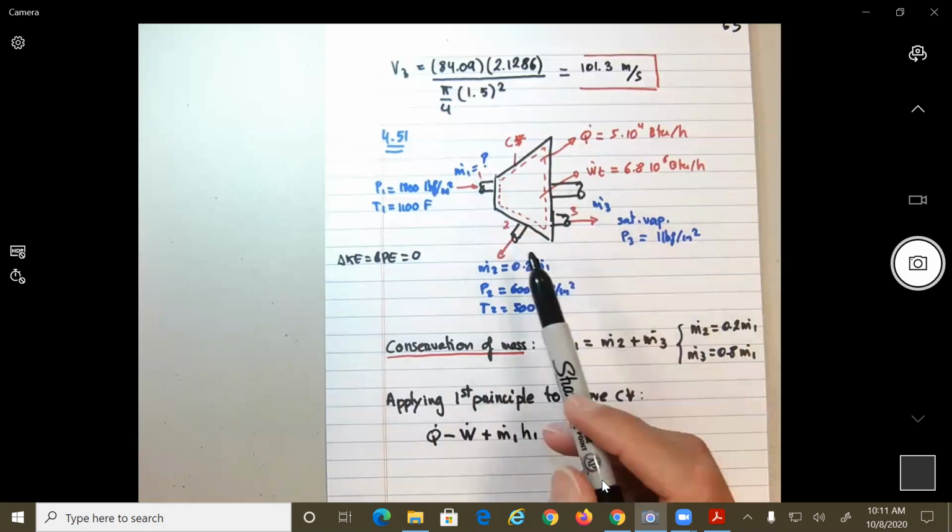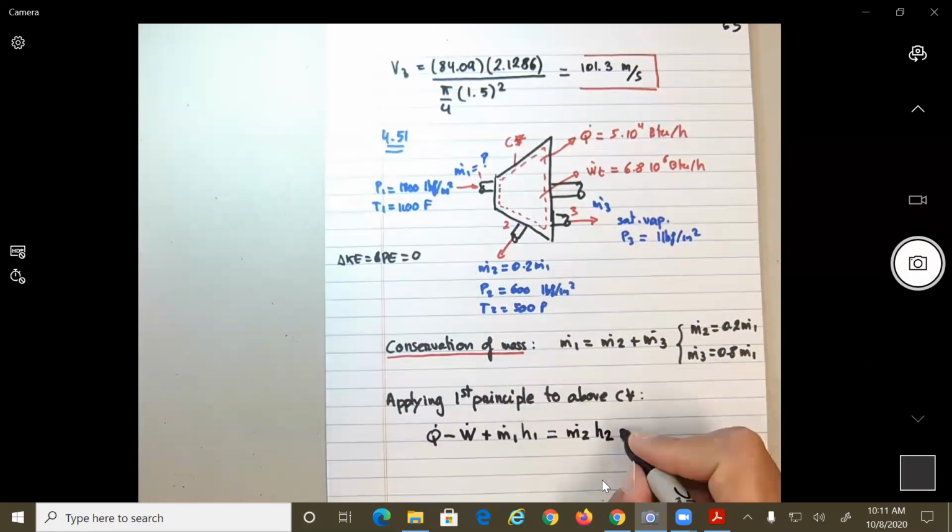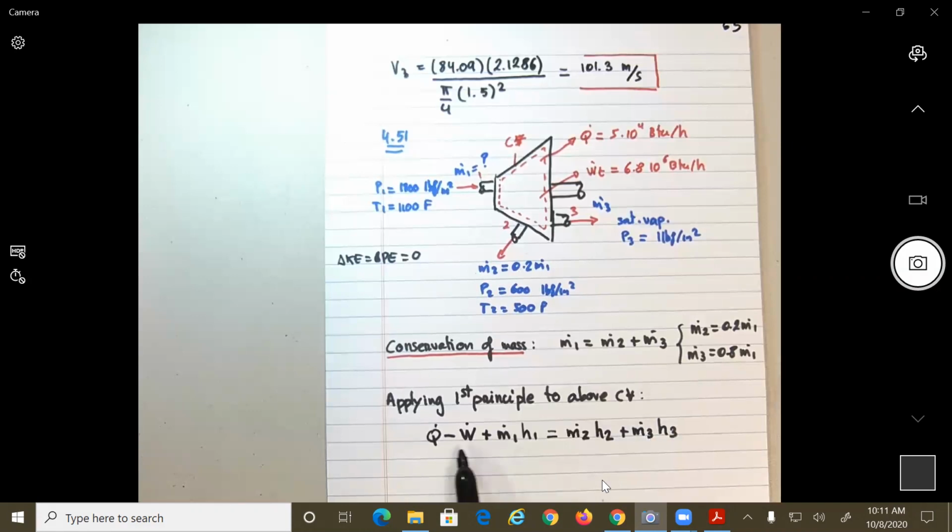We have M dot 2 H2 plus M dot 3 H3. Okay, what is coming in, I put it on this side, what is coming out, I put it on this side. And this one, you could do the same thing with this one, but then you need to be careful with the sign, okay? So this is generally the way I like to do it.